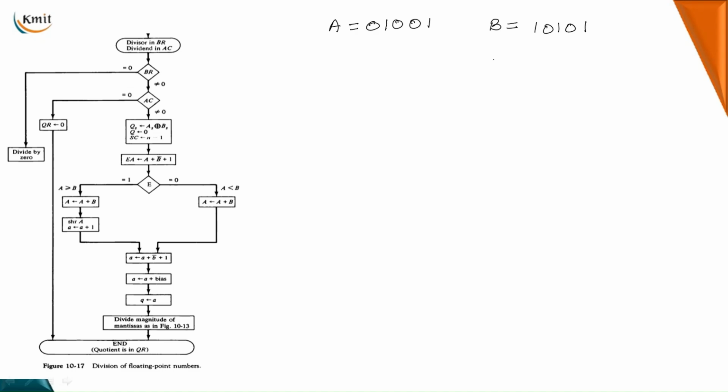This is a 5-bit content of my divisor. So I have to perform A implies A plus B complement plus 1. To check if there is a divide overflow situation, I have to subtract the divisor from the dividend.